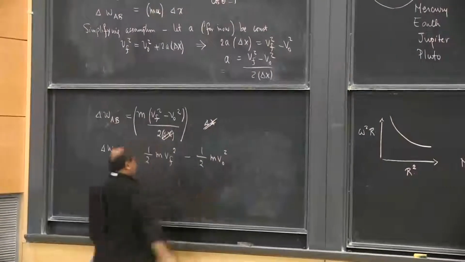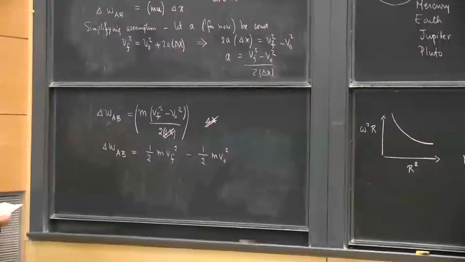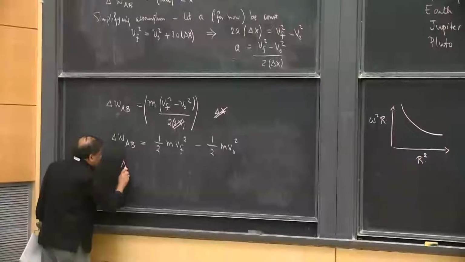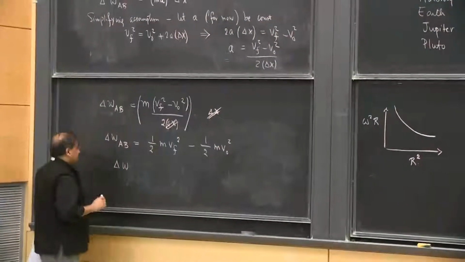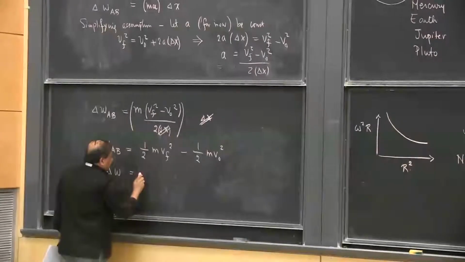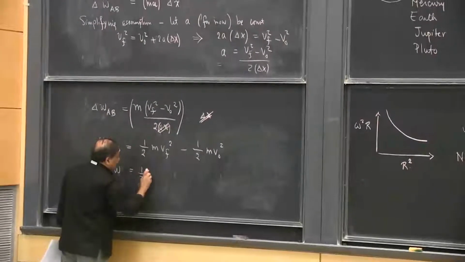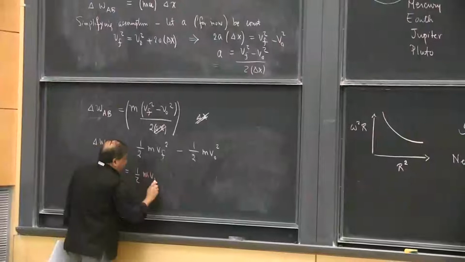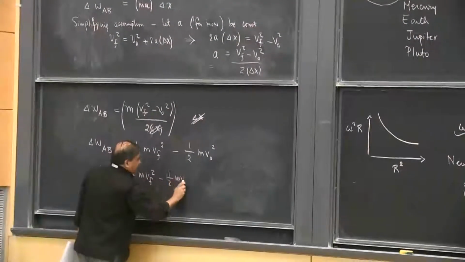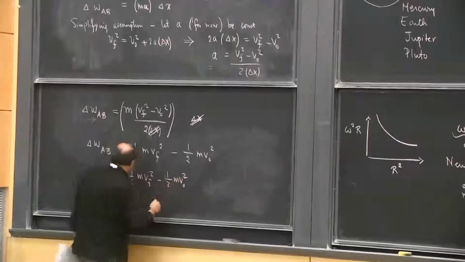So I can dress it up now, and say that the amount of work done in this process, whatever we're describing, is 1/2 m v final squared minus 1/2 m v initial squared.